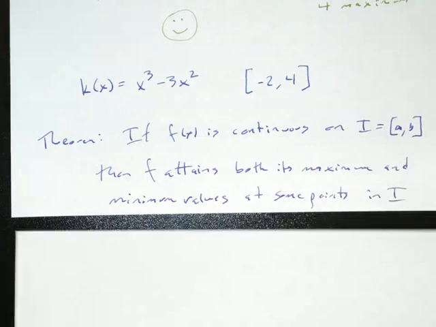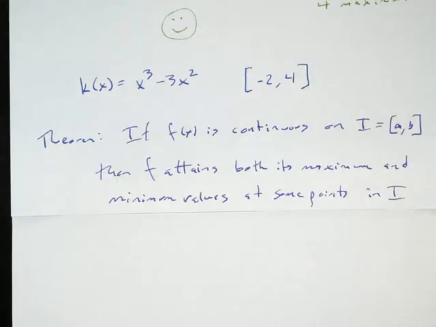If you have a function that is continuous on the interval from a to b, then it must attain both its maximum and minimum values at some point within that interval. Now, that doesn't mean those are the maximums and minimums. If I change the interval, those could change.